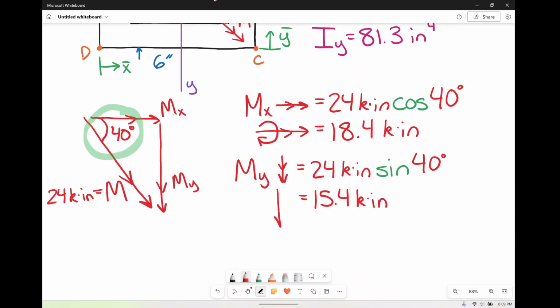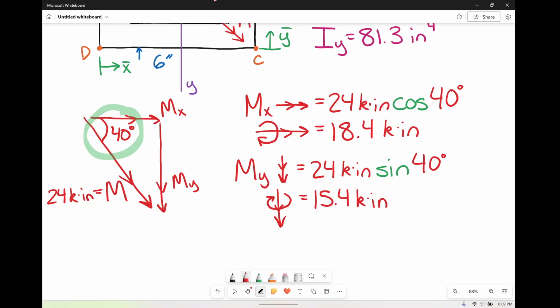So again, what does going down mean? Going down means put your right hand with thumb going down, and the direction that your fingers curl is going to be the moment. So our fingers are going to curl coming out of the right into the left. So hopefully that picture makes a little bit of sense.